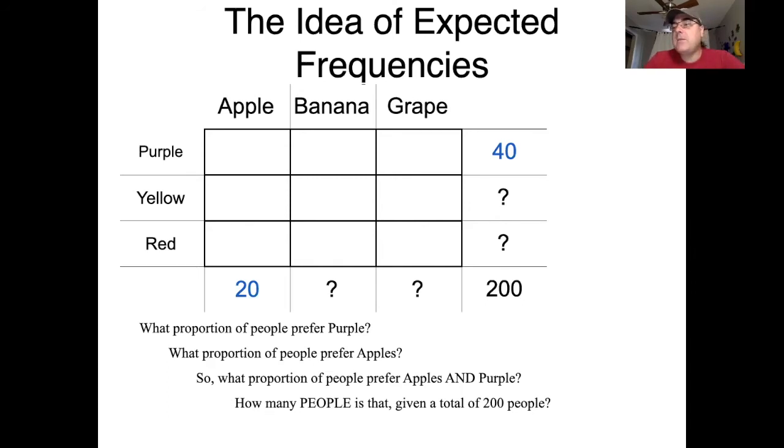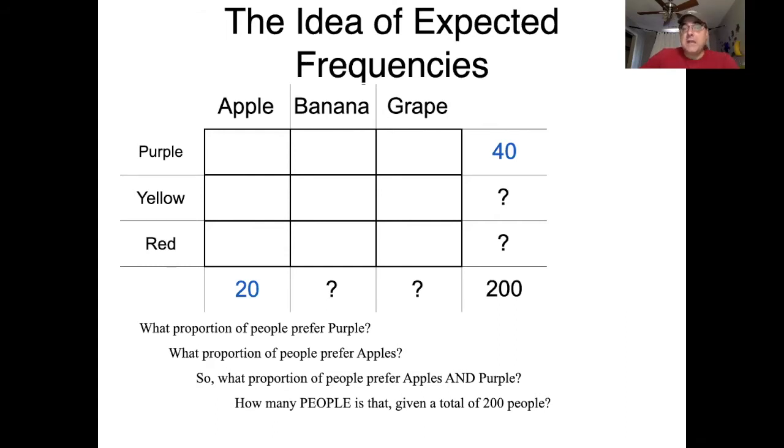The idea is that what we're dealing with is 40 divided by 200 times 20 divided by 200, which would give us no more than 4 people, a tenth of a fifth of the people in the whole category. All right, so that is what we're after. The expected frequency of people who like apples and purple at the same time out of this entire study is 4.